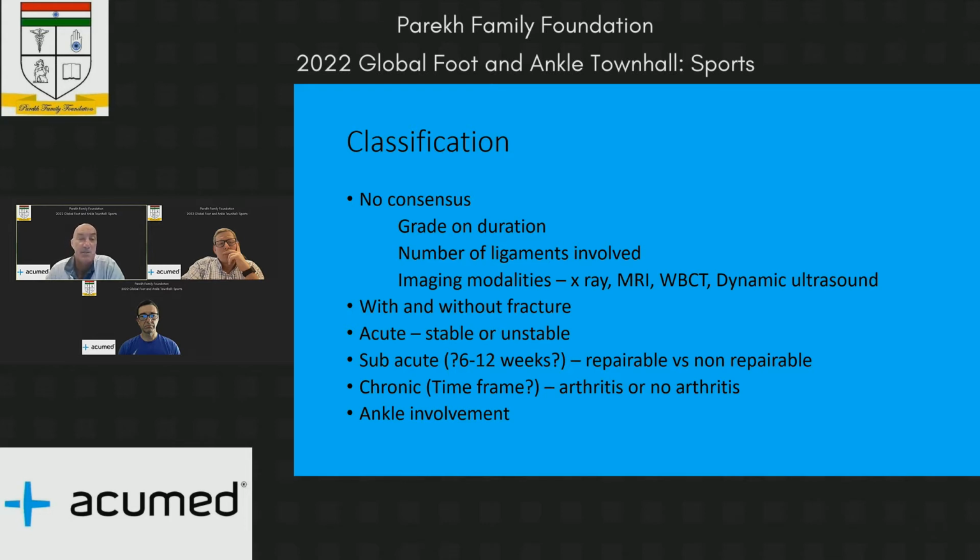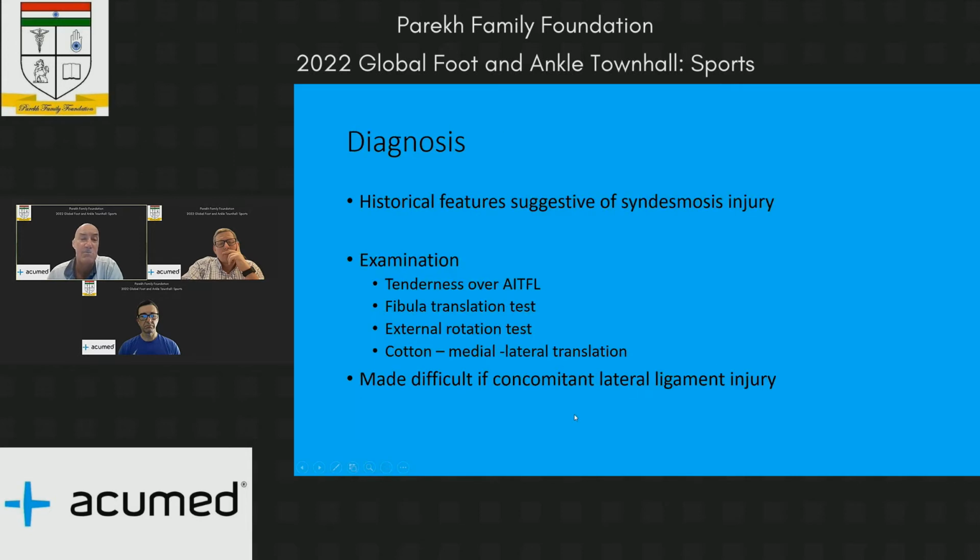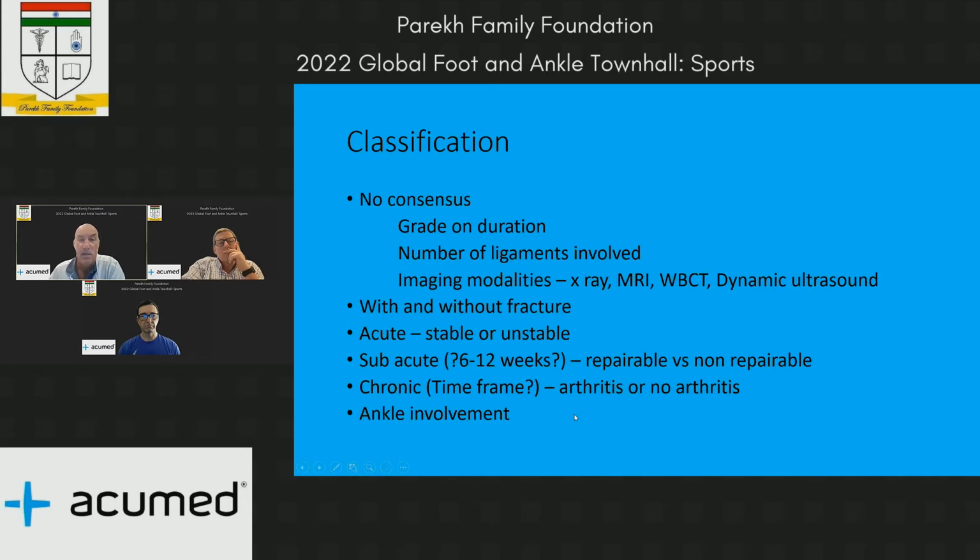If it's stable, treat it conservatively. If it's unstable, fix. Subacute, which they didn't really define, repairable versus non-repairable. And again, there was no strict definition of what repairing was. And then the chronic, and again, there was no specific time frame, but it was graded according to whether there was arthritis of the tibiofibular joint as well as the syndesmosis.